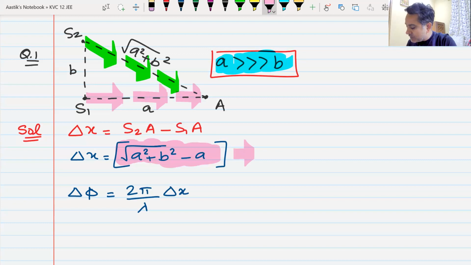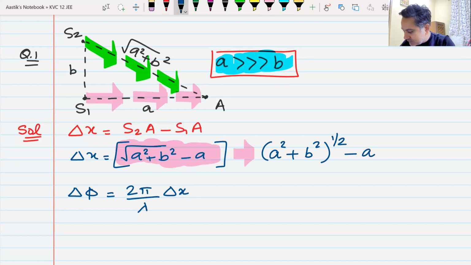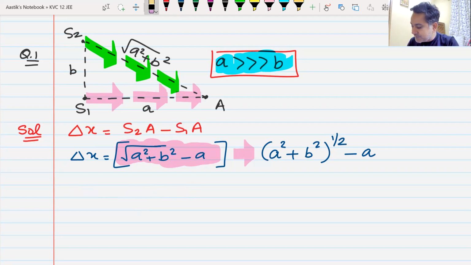I can write this equation as, and this is all maths, physics has got nothing to do with this, A square plus B square raised to the power half minus A. Yes or no? Yes, sir. Let me take this off because I might need more steps. So I can write it as A square plus B square, the whole raised to the power half.